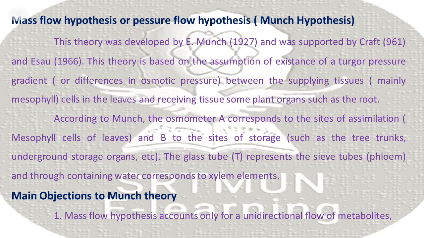Now, main objections to the Munch theory. First of all, the mass flow hypothesis accounts only for unidirectional flow of metabolites, but bidirectional flow is a common occurrence in plants.